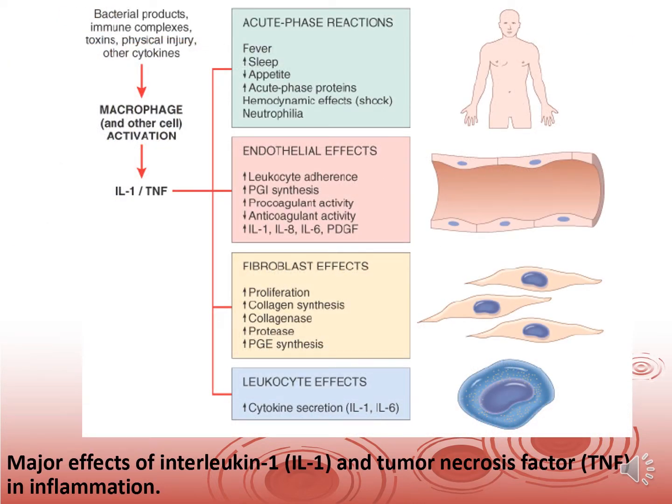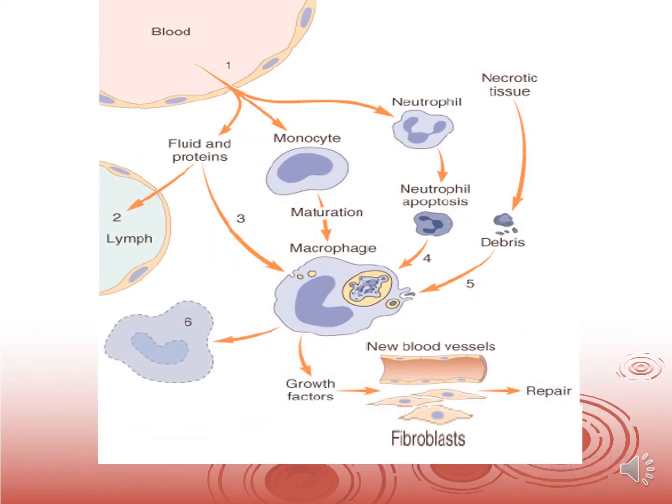The same picture, which helps us to understand the major effect of interleukin 1 and TNF, or tumor necrosis factor, in inflammation. These mediators stimulate endothelial effect, which cause vascular permeability and all vascular disturbances, followed by further development of inflammatory reactions.